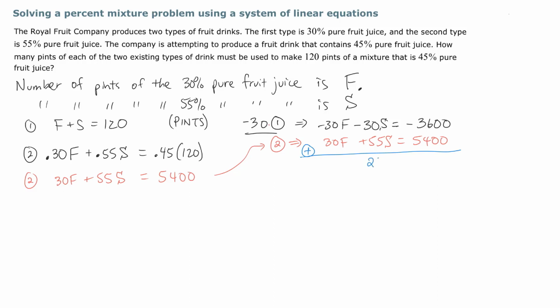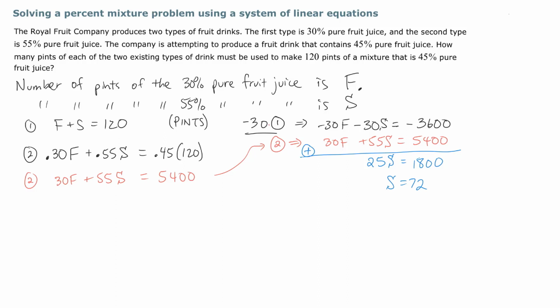We get 25 times s is now equal to, let's see, how much is that? 1,800? Yeah. And of course, take 1,800 divided by 25, and we get s is 72.